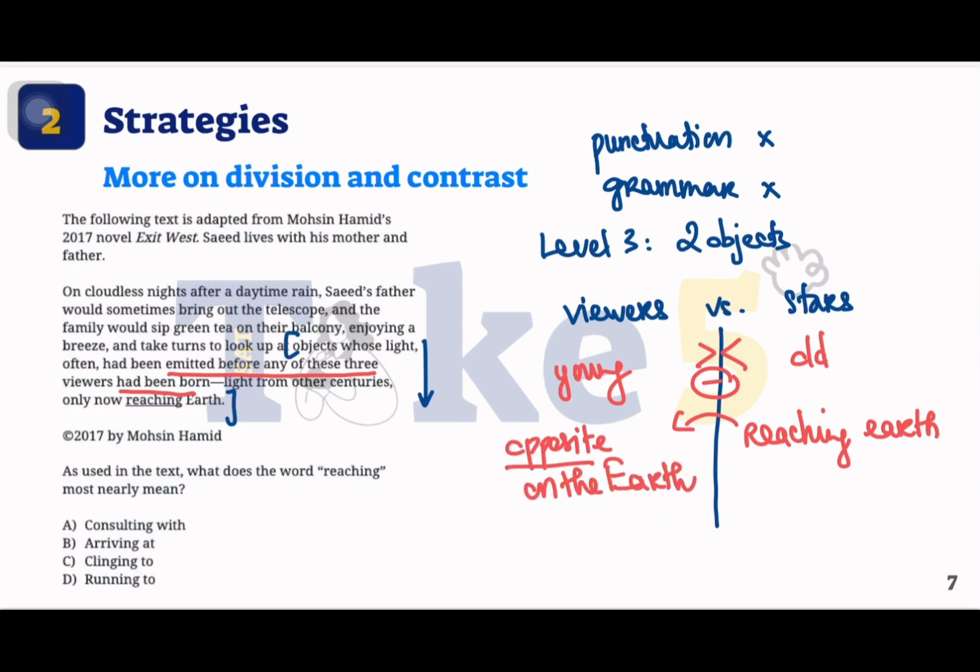So obviously the stars are not, or they have to be arriving at. This gives you a foolproof answer, even though the literal synonym of the word also means arriving. But as we discussed in the previous lesson, using synonyms only is a trap that the DSAT designs for you.